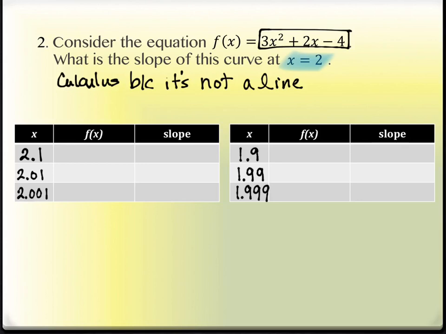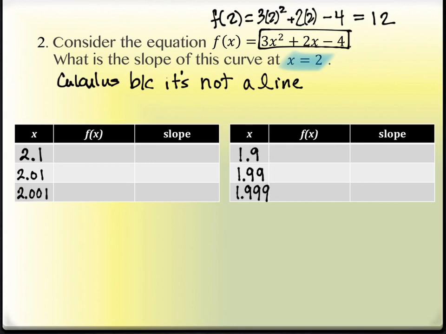We'll start with that one. So if I plug in the number 2 into this equation, 3 times 2 squared plus 2 times 2 minus 4, what do we get? So f of 2 here is 12. Does everybody have that?